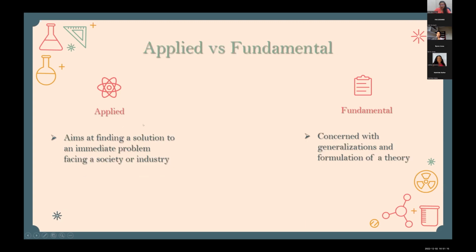So you also have applied research, which aims at finding a solution to an immediate problem facing a society or industry. So you're trying to find a solution to a problem. And of course, you have fundamental research, which is more concerned with generalization, formulation of a theory.